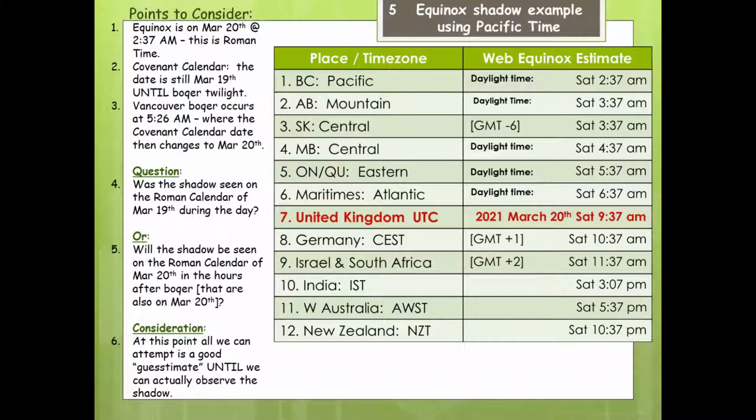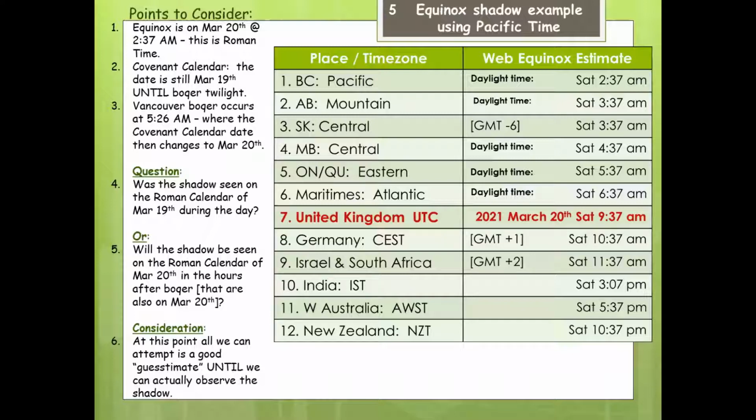So the Vancouver Boker, I did look up that. The Vancouver Boker occurs at 5:26 in the morning. So that's where, in the Pacific time zone, we would change our calendar date of the 19th over to the 20th. I didn't go look up all the Boker times for each of the 12 that are listed there, just for Pacific, just as an example.